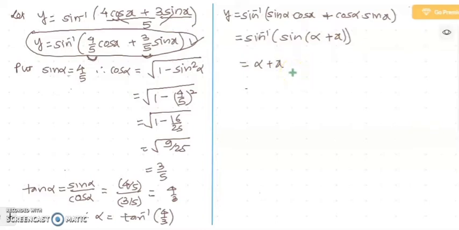You know that sin inverse of sin x is x, so this is just alpha plus x. Now we write the value of alpha which we found earlier, tan inverse of 4 by 3, and plus x doesn't change.